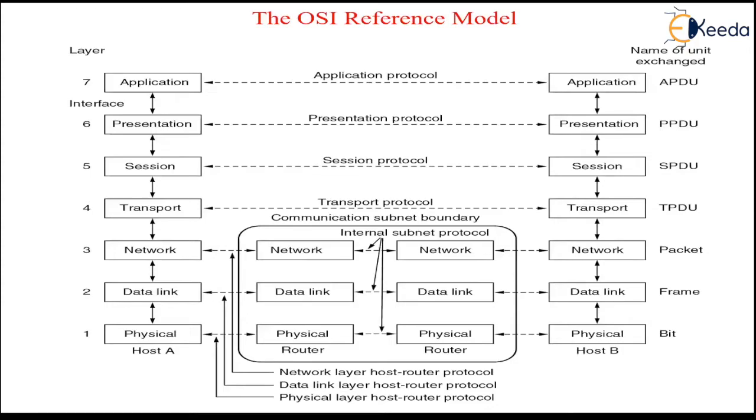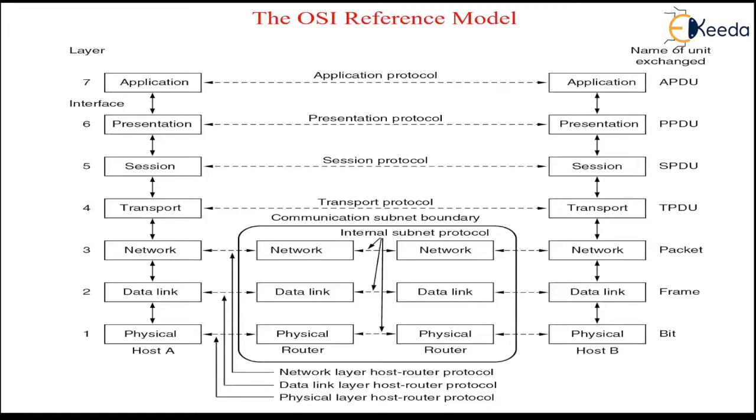The next layer is the transport layer. The transport layer is responsible for process to process delivery of the entire message. The process is an application program running on a host. Whereas the network layer oversees source to destination delivery of individual packets.